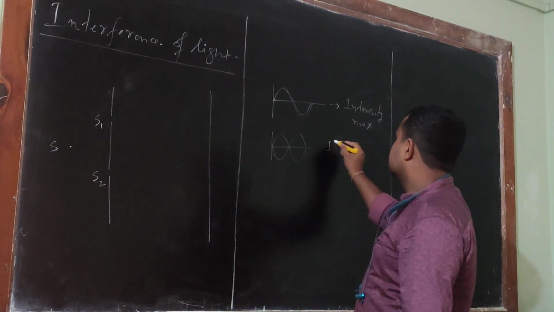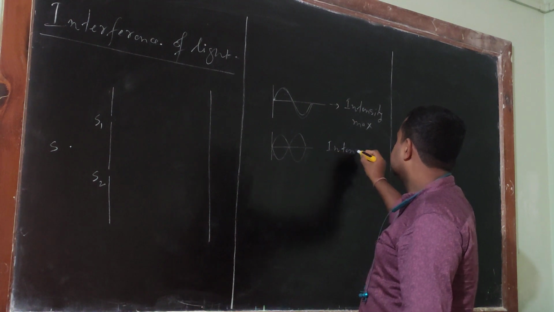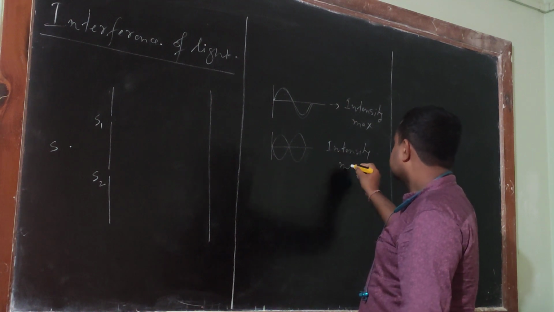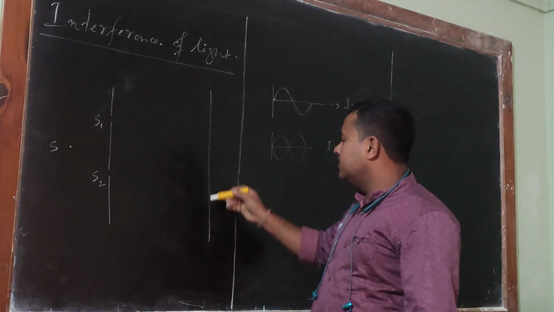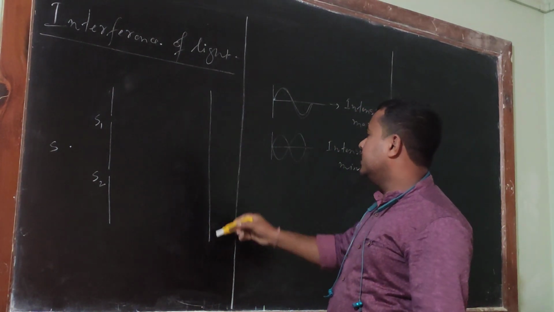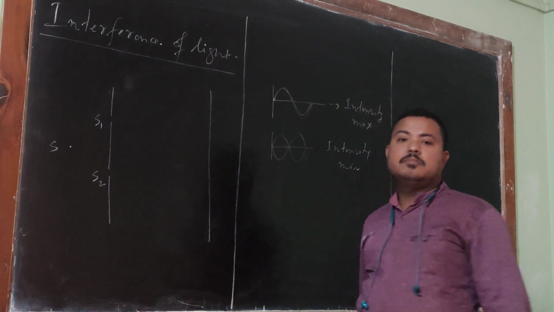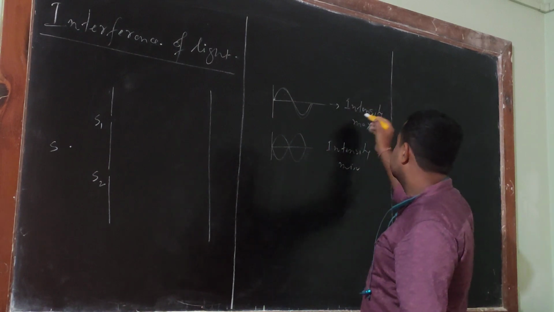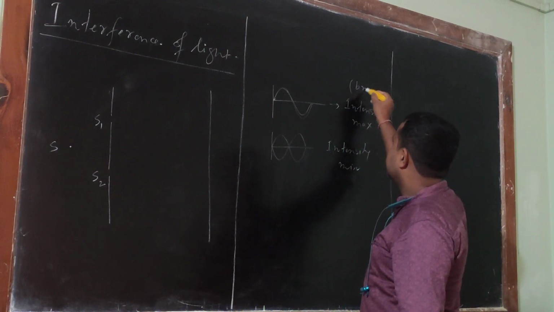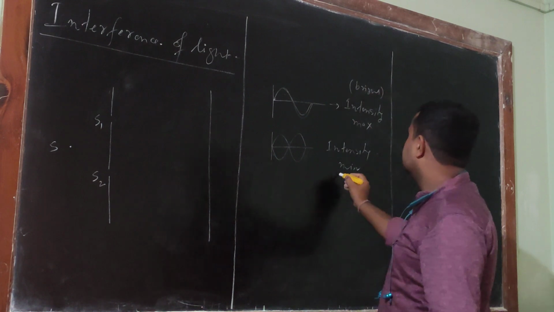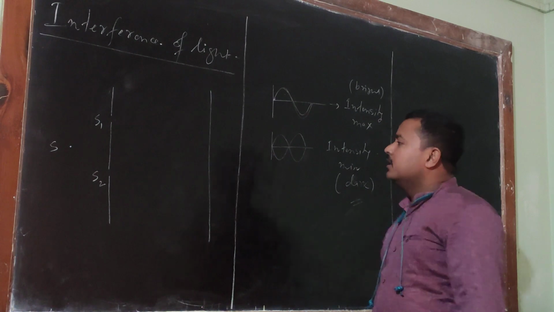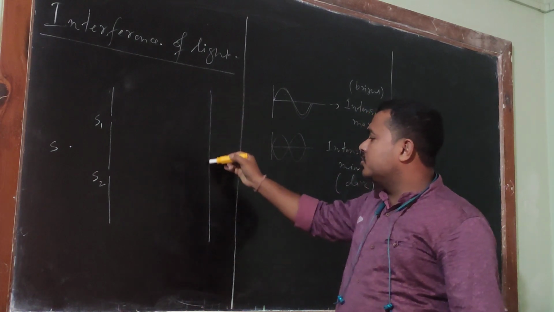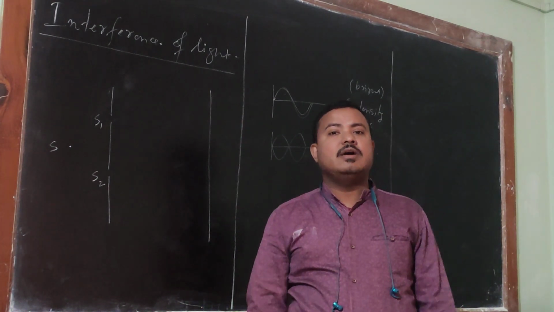So resultant intensity will be what? Minimum. So as a result of this, on the screen you will get alternate bright and dark bands. The maximum intensity corresponds to what? Bright, and minimum corresponds to what? Dark. That means you can say that there is a redistribution in the intensity of light.